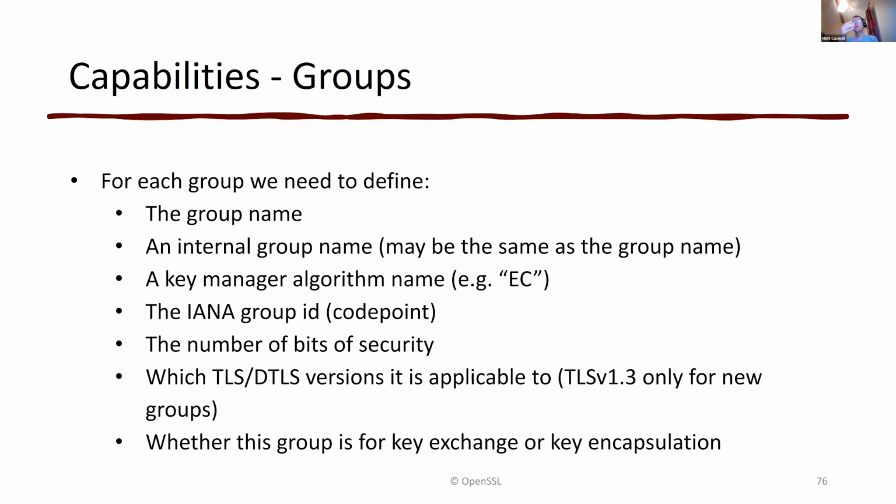So that data that we need to pass to that callback, what does it contain? It has the list of things on the screen there: a group name, an internal group name, the name of a key manager that it's going to use, the IANA ID, that integer number or code point that I talked about, the number of bits of security, so that might be 128 or 256, the TLS versions it supports, and also an indication about whether the group is to be used for key exchange or key encapsulation.